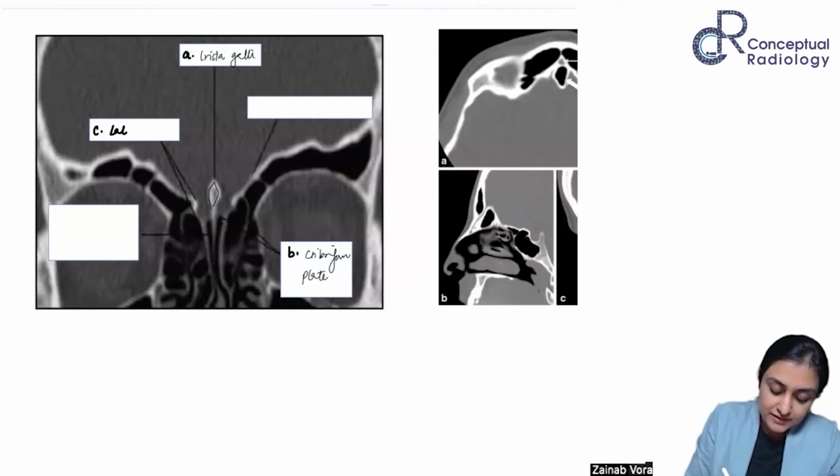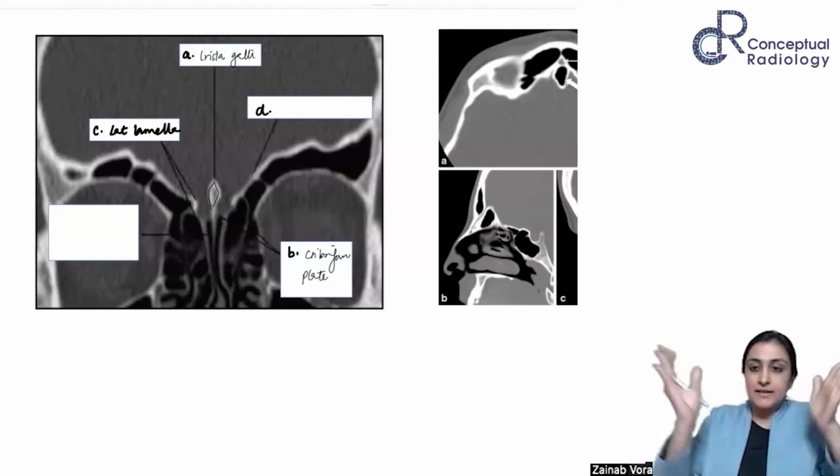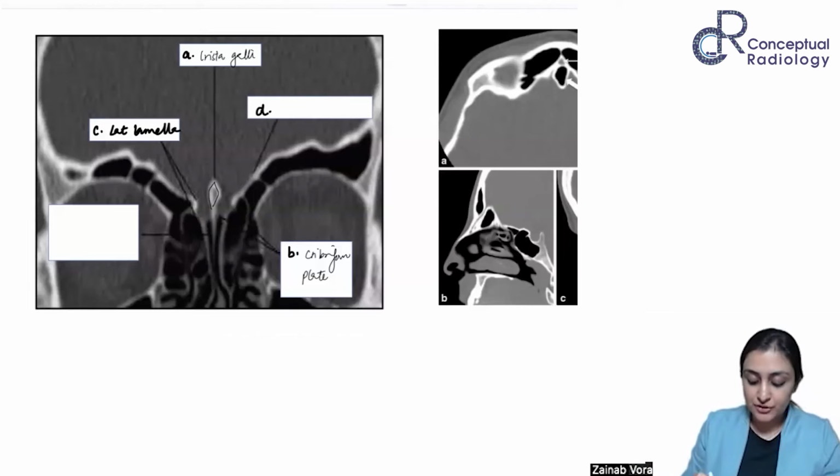And then what do you think is D? The lateral extension of the lateral lamellae, which forms the roof of the ethmoidal sinus, the superolateral extension of the lateral lamellae. What do you think D is?